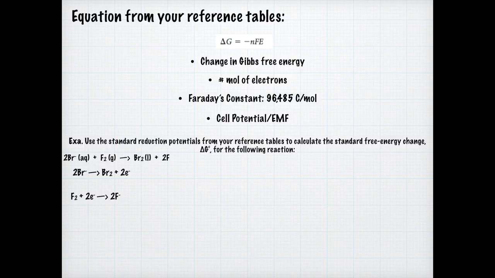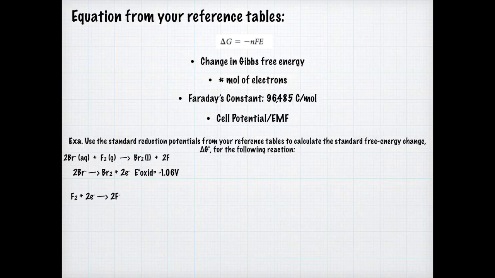And so with fluorine, that's going to be the reduction reaction. And so I calculate the oxidation cell potential, and that's going to be negative 1.06 volts, and I get that value from my textbook. I actually get the reduction potential from my textbook, and I just take the negative of that.